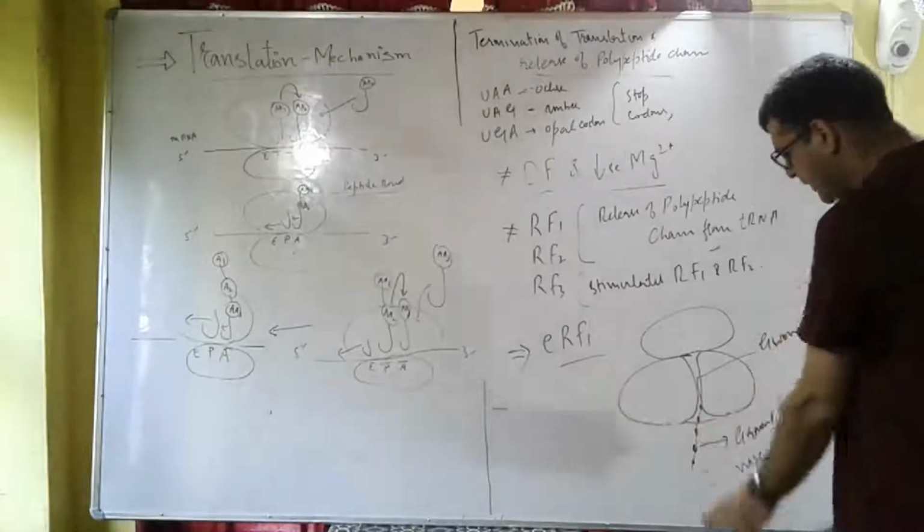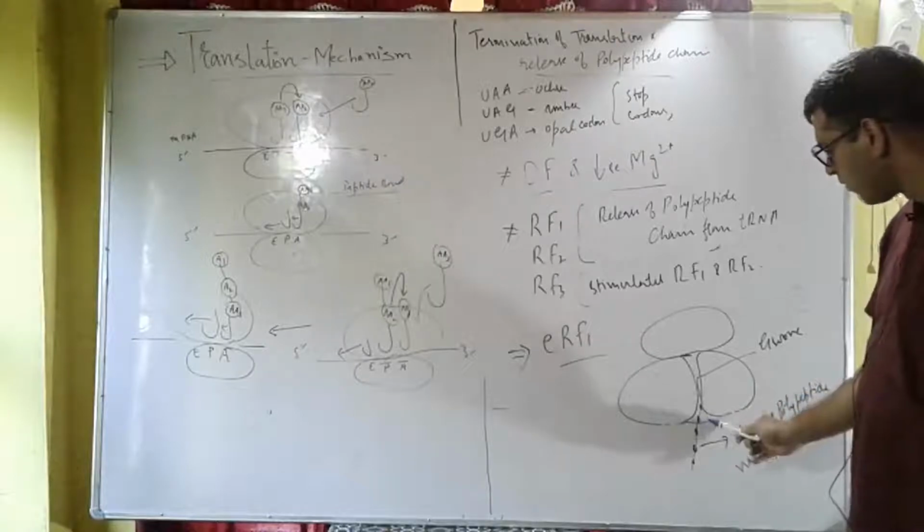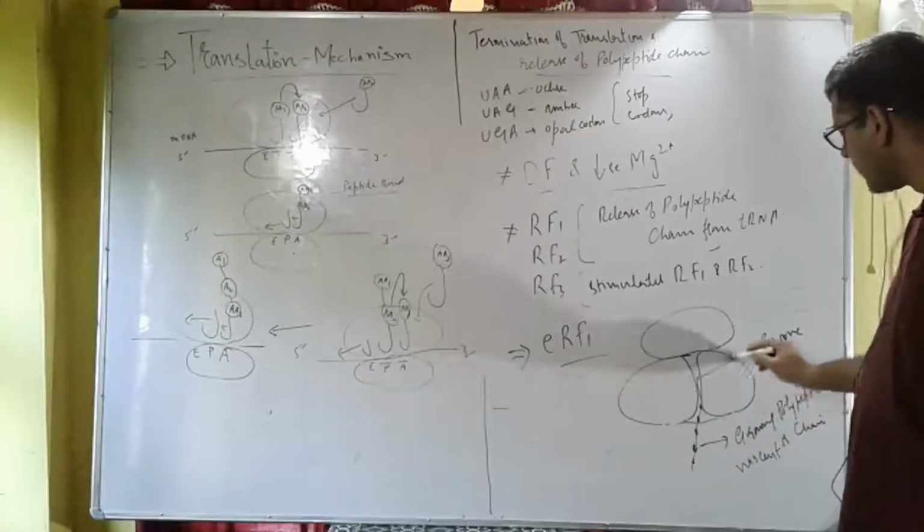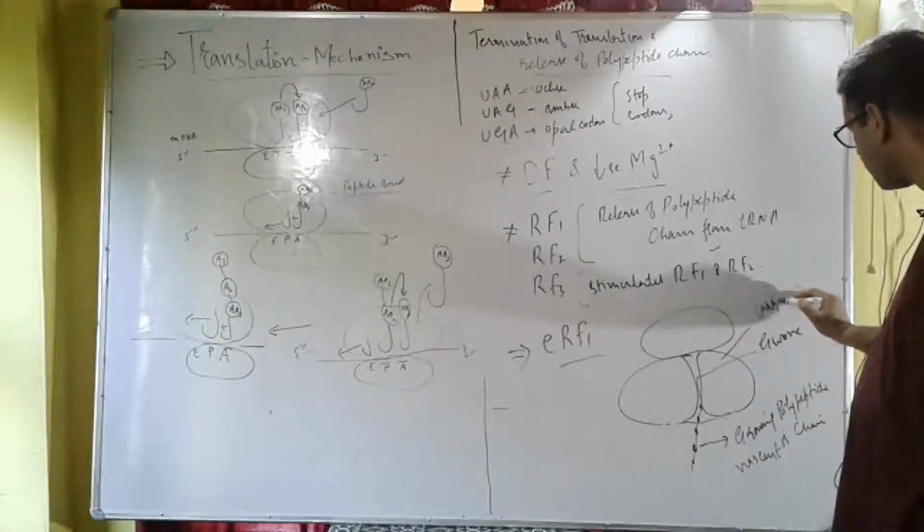The newly synthesized polypeptide chain emerges through a groove or tunnel in the large ribosomal subunit.